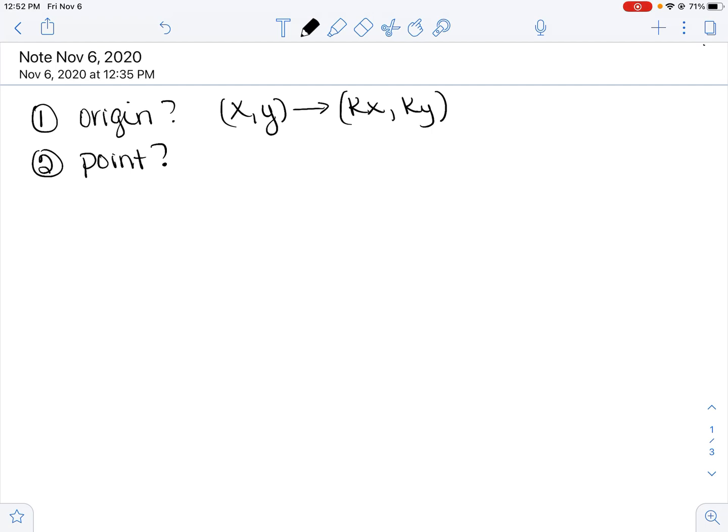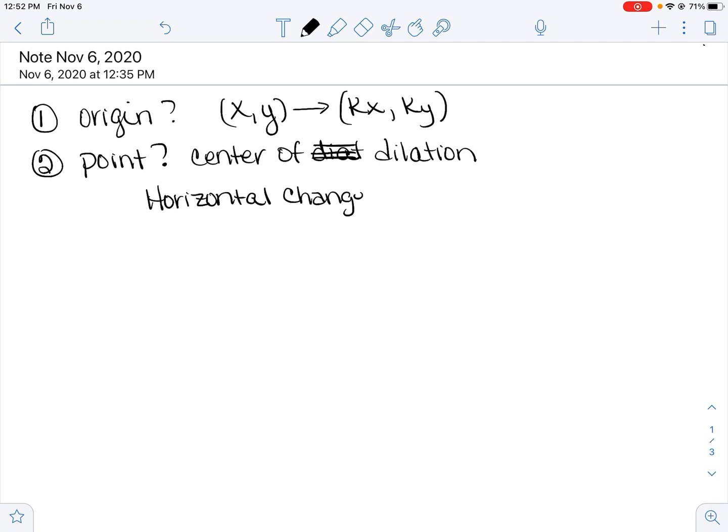So the first thing that you want to do is, I'm going to write that as your center or point of dilation. I say both, it really doesn't matter. Okay, so the first thing that you're going to do is look for your horizontal change. And that should remind you of your run when it comes to slope.